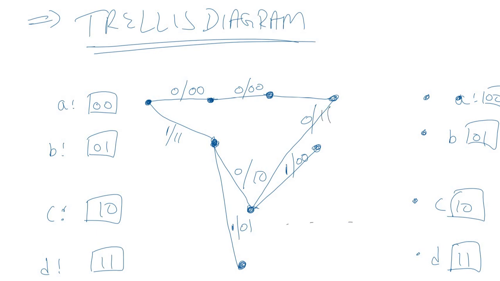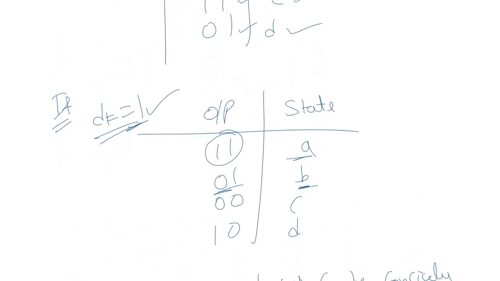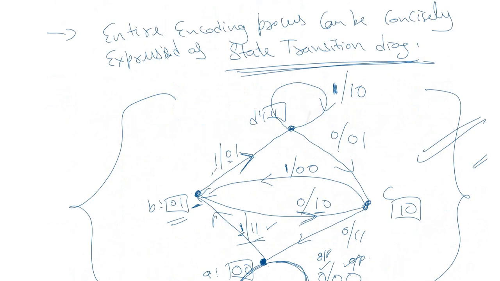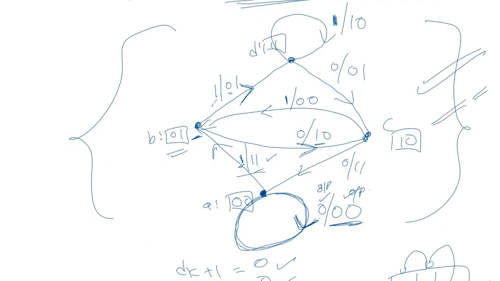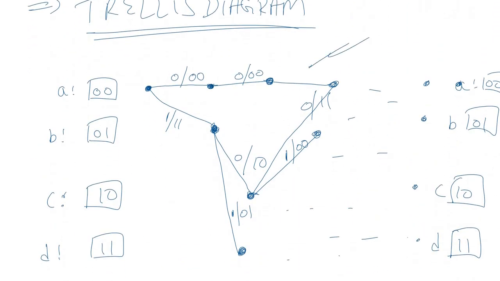Similarly, we complete the entire trellis diagram, which gives you another important aspect of how to represent the complete coding process. One way is using the state transition diagram, and using the state transition diagram, we can further make the trellis diagram.